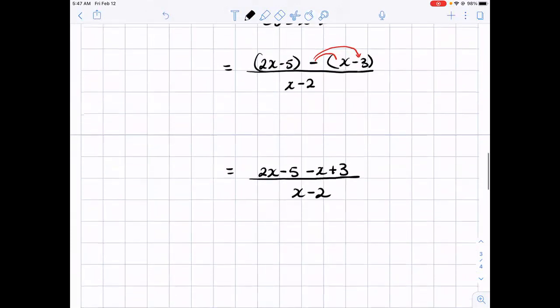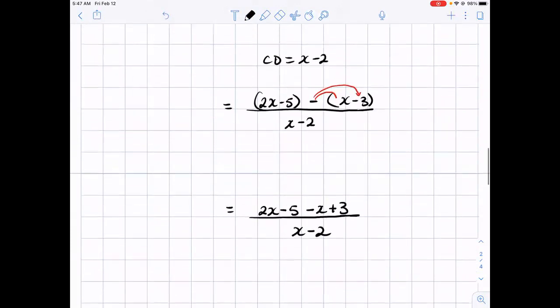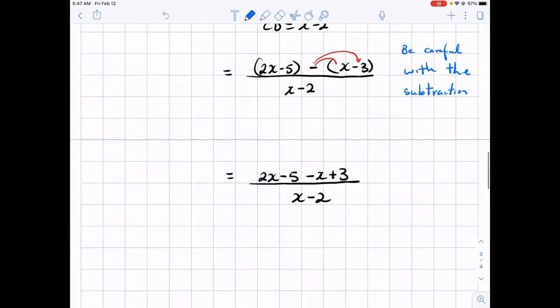So you have to be a little bit careful with subtraction. Just be careful because you're going to have to distribute.